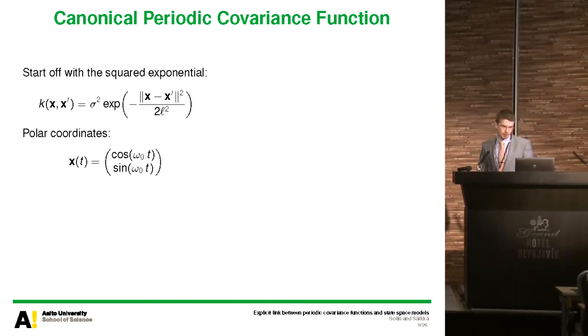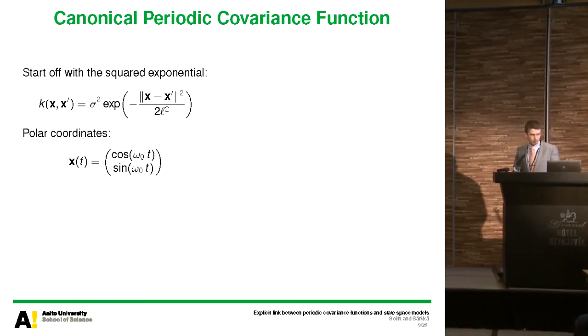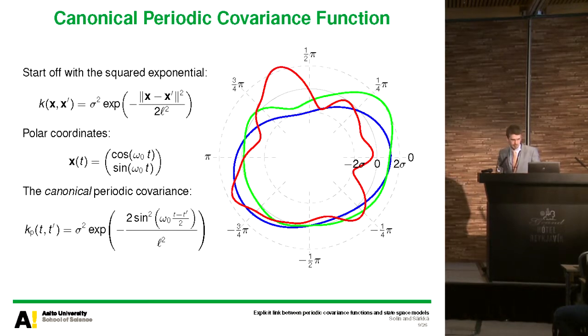We do a change of variables, basically considering x in polar coordinates, and simplify expressions. This is the covariance function in this case. Here on the right, you can see some random draws in polar coordinates from a GP with that covariance function, with different length scales L. So they are periodic. They repeat themselves.